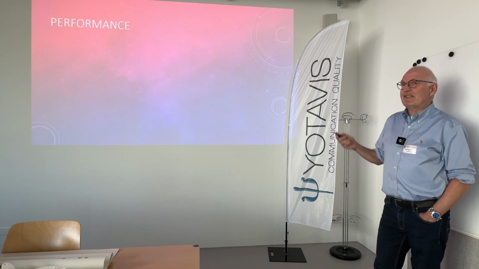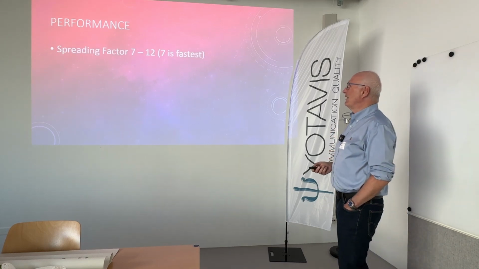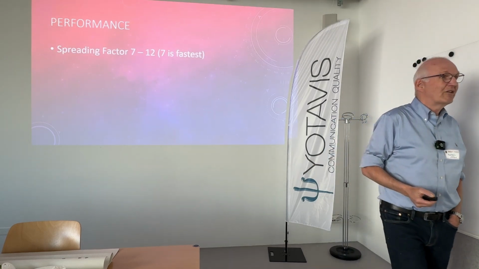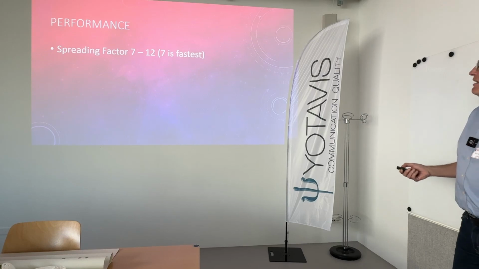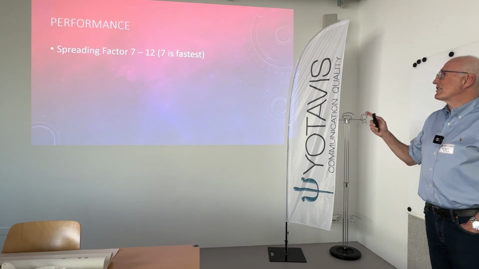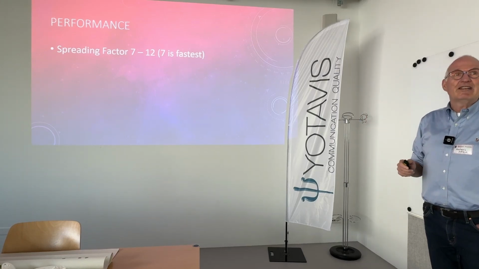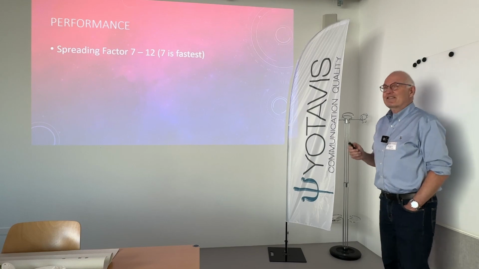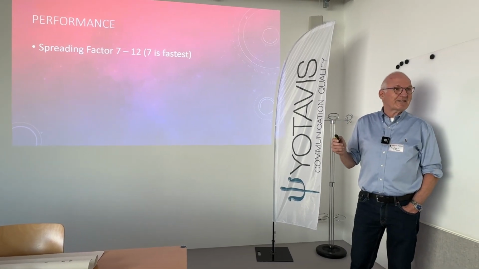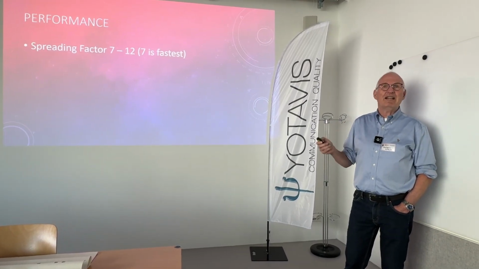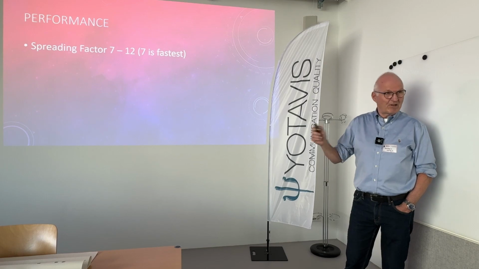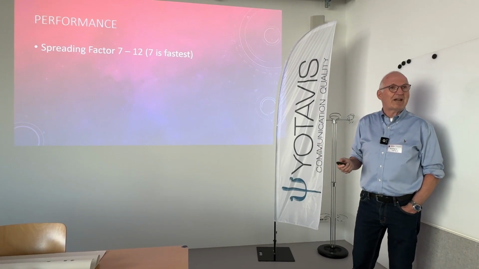Now the performance is something important. Is this the new Wi-Fi? No, it is not. Matthias mentioned something about the spreading factors. So spreading factor 7 is the fastest, spreading factor 12 is the slowest. Unfortunately, the wrong way around.